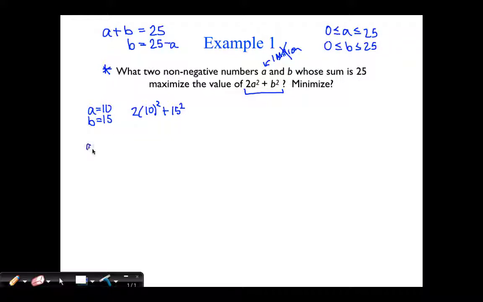Or if I picked a is 25, then I'd know I can't just pick whatever I want for b. b would have to be 0, so I'd have 2 times 25 squared plus 0. And so you can kind of see that whenever I pick a, I know b automatically by subtraction.